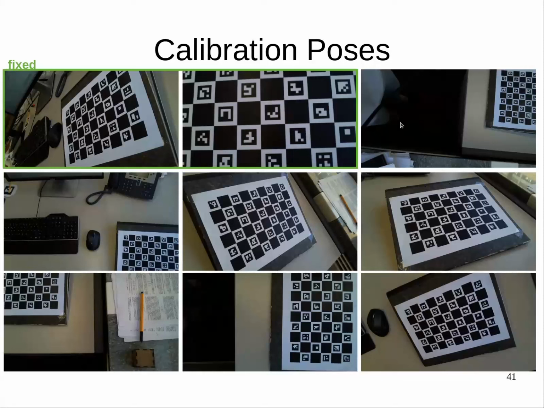And then our pose selection strategy kicks in, and in this frame obviously the distortion was most uncertain, so we placed it in one of the corners. Then it still was not enough, so we placed it in another corner, and now we start maximizing the spread by tilting the board and so on.